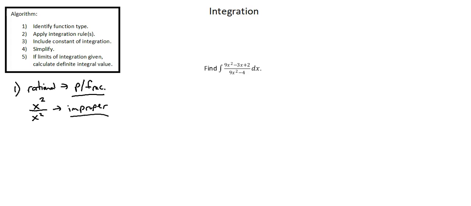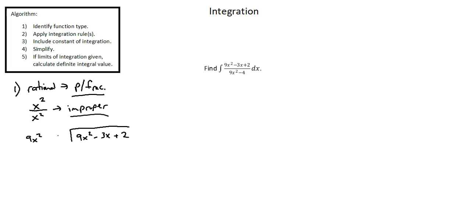We want a proper fraction, a fraction in which the degree of the numerator is less than that of the denominator. In order to do that, we're going to divide the numerator by the denominator. So I'll set up my division as 9x squared minus 3x plus 2 divided by 9x squared.